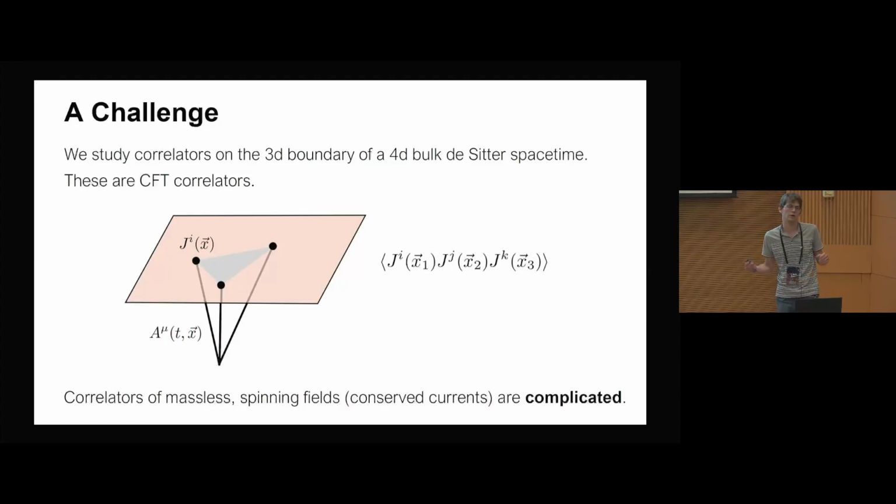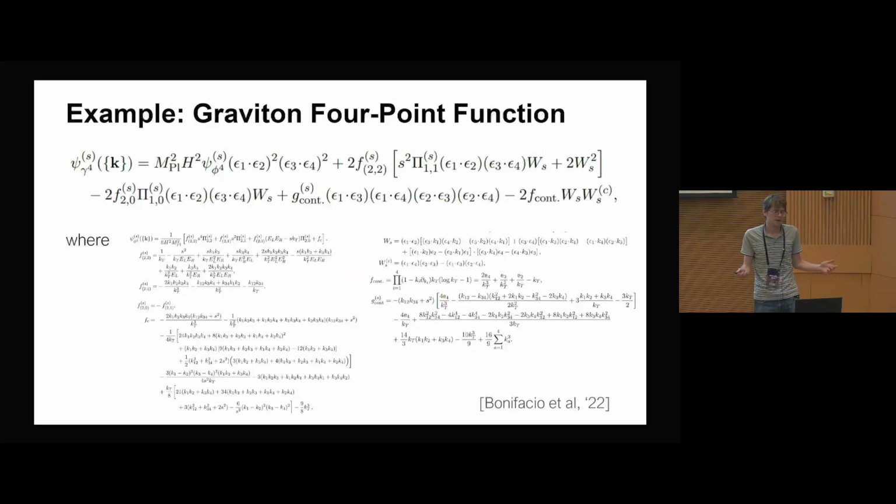So these correlators are effectively just CFT correlators of conserved currents, and they are indeed very complicated objects. I'm going to show literally the same example that Enrico showed today: the graviton 4-point function at tree level, written here in momentum space, which was computed in this paper by several people who are present here. As you can see, it's very complicated.